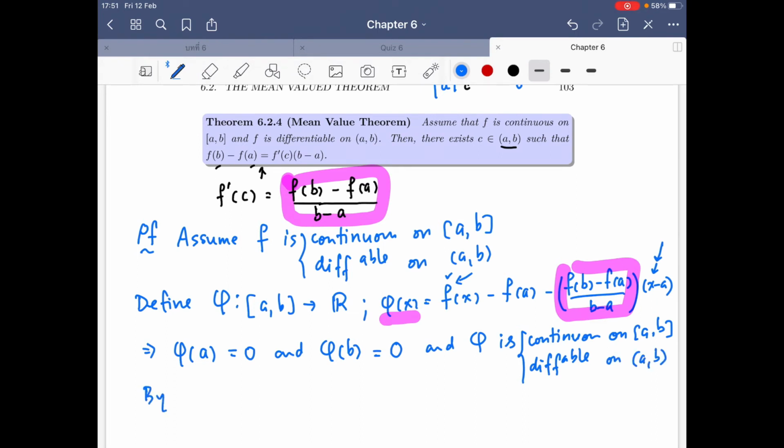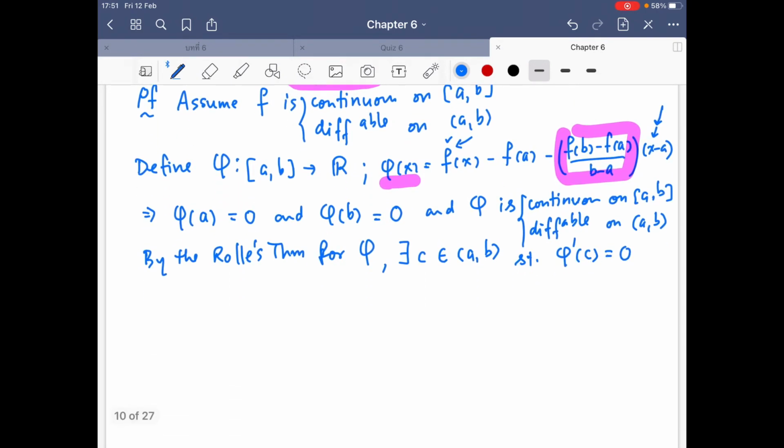So by the Rolle theorem for this function phi, there exists a point c in the open interval such that phi prime at c is 0. However, can you calculate the derivative of this function phi, phi prime at an arbitrary point x?